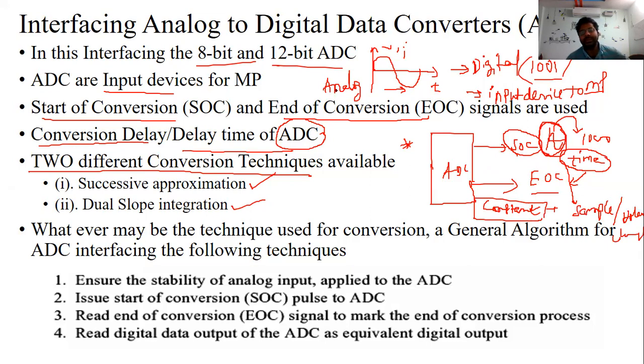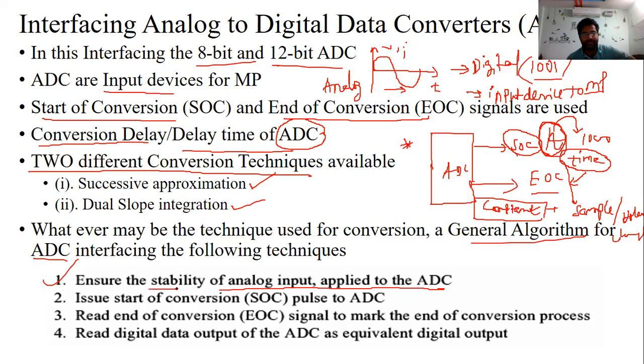Whatever technique you are using for converting analog to digital, whether successive approximation or dual slope integration, there is a general algorithm. The first point for writing the algorithm is to ensure the stability of the analog input applied to the ADC.